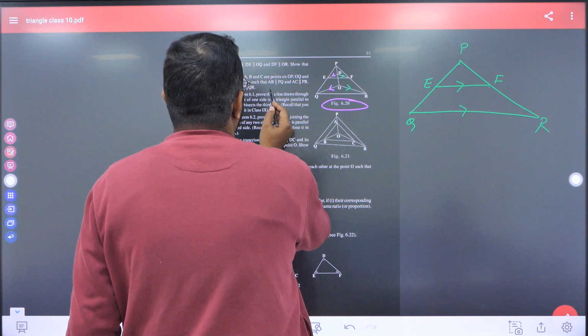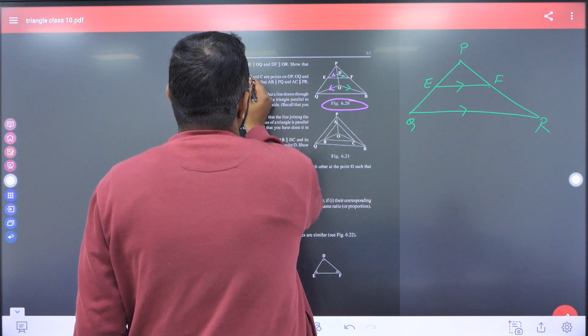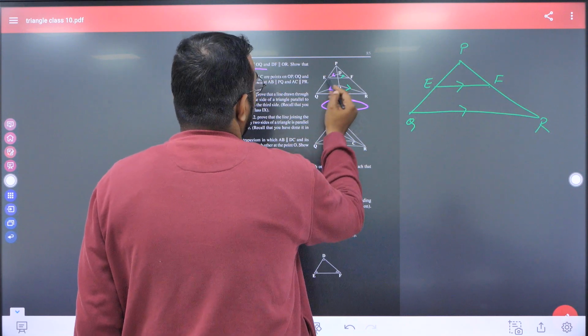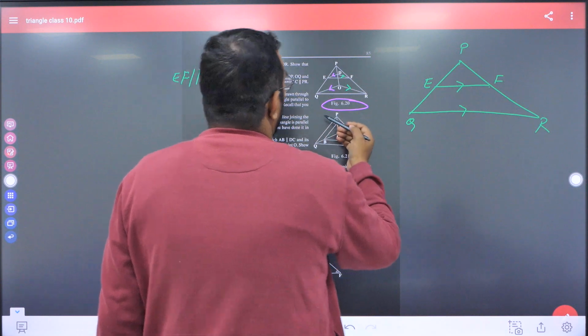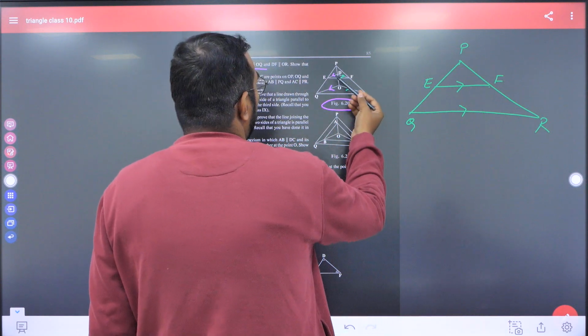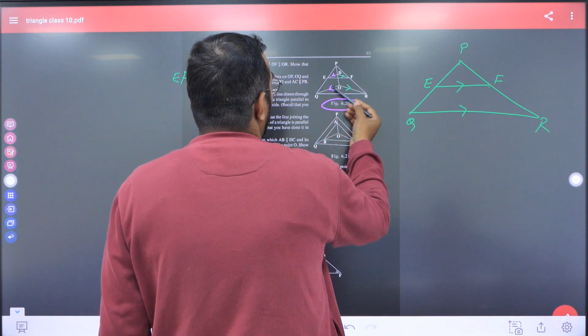First thing is here that DE is parallel to OQ. DE is parallel to OQ. So we can apply BPT in this triangle PQO.